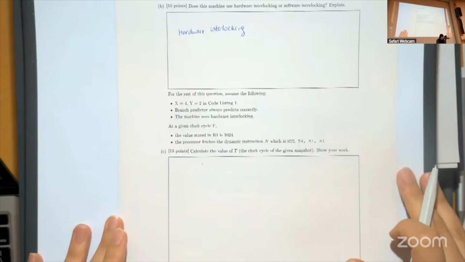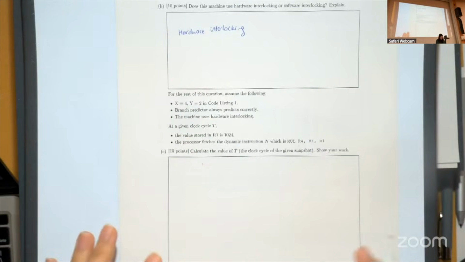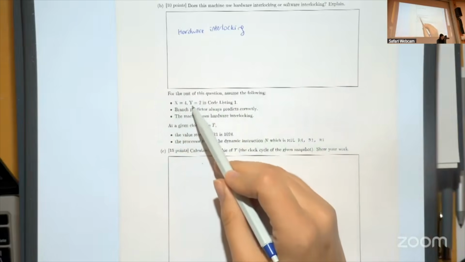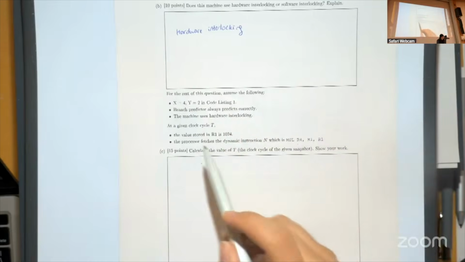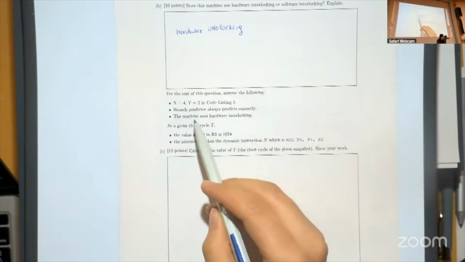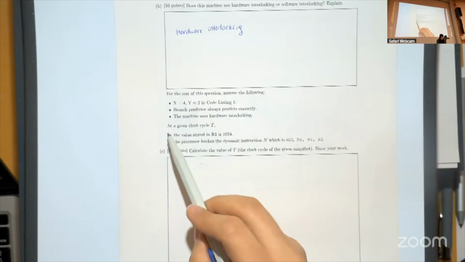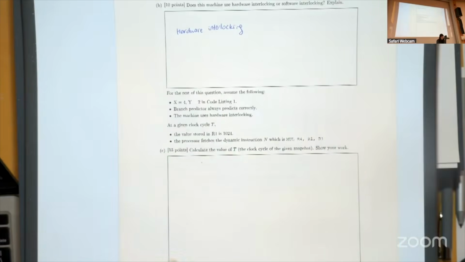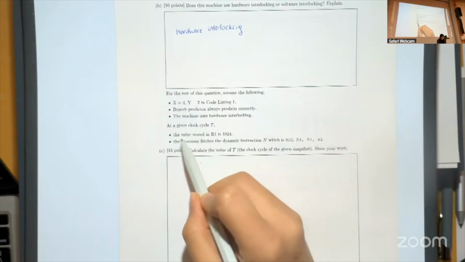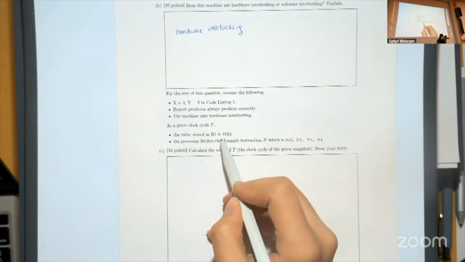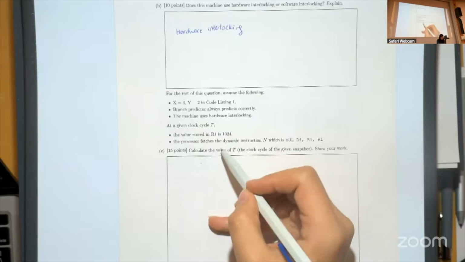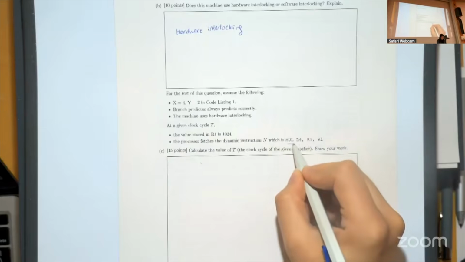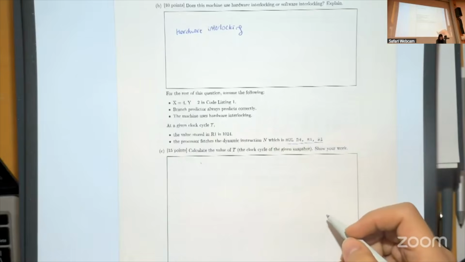Okay, so next, in this part, we are doing a little bit more reverse engineering again. So for the rest of this question, assume the following: X is 4, Y is 2 in the code listing 1, and the branch predictor always predicts correctly. The machine uses hardware interlocking, and now this part of the question will give you a state based on this. So at a given clock cycle t, the value stored in R1 is 1024, and the processor fetches the dynamic instruction n, which is multiply R4, R1, R1.